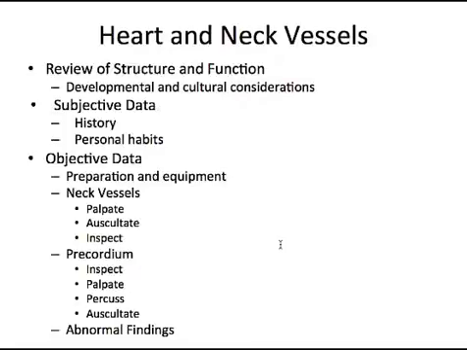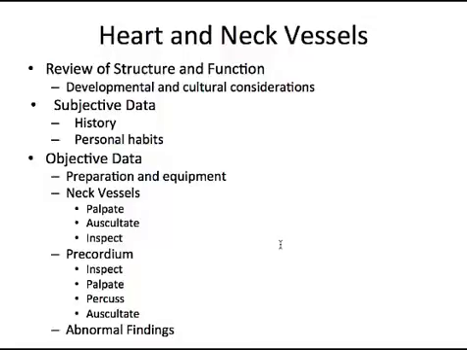The heart and neck vessels, think about the anatomy and physiology of your patient, how your patient appears to you. This is where possibly even your assessment of hair and your assessment of the skin may play a part in your vessels and the patient's cardiac status and peripheral vascular system in these next two areas.